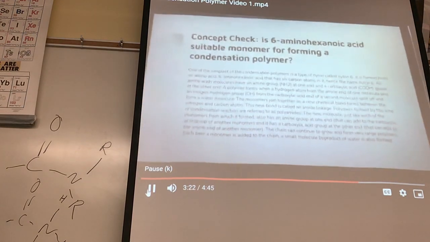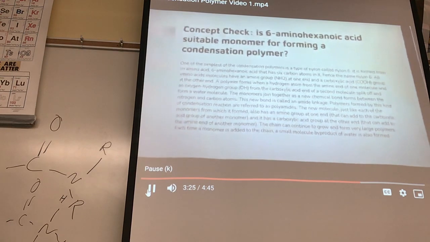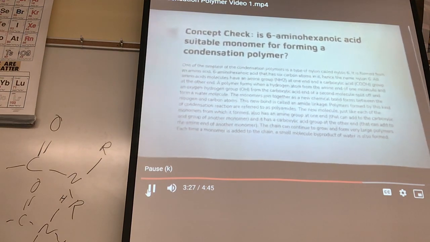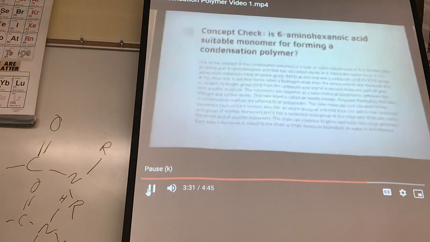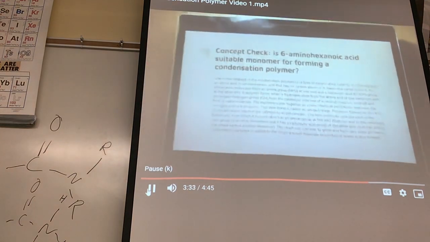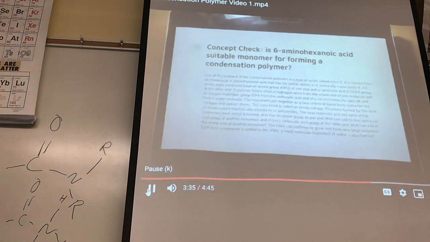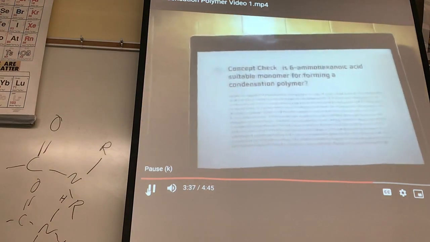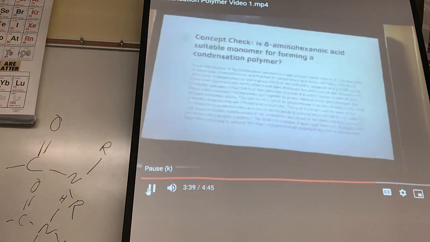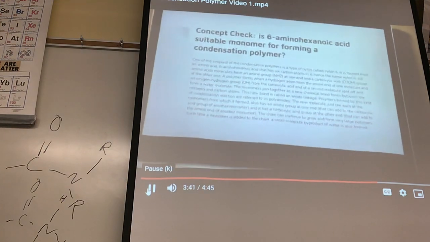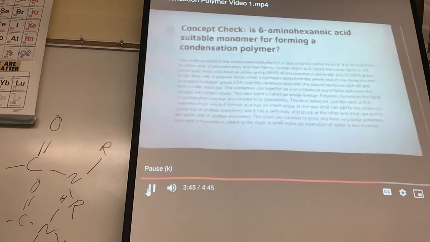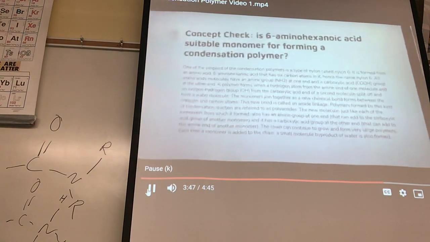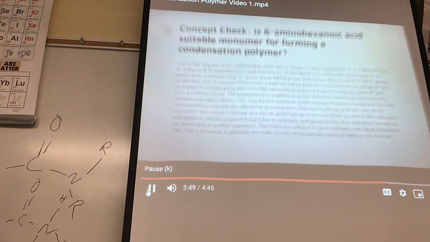All amino acid molecules have an amine group, NH2, at one end and a carboxylic acid, COOH group, at the other end. Polymer forms when a hydrogen atom from the amine end of one molecule and an oxygen-hydrogen group, OH, from the carboxylic acid end of a second molecule split off and form a water molecule.